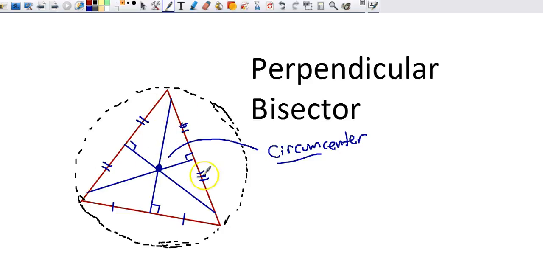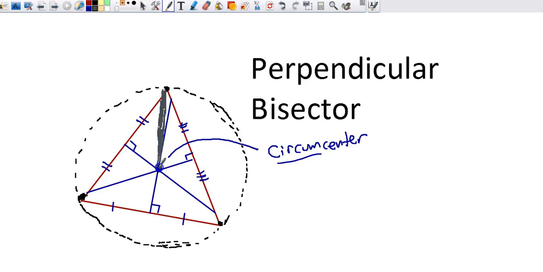All right, so each of these vertices of the triangle can hit the circle. Any triangle you can do this with. And what happens is the segment that, if I connect to the circle, sorry, my train of thought kind of got lost.